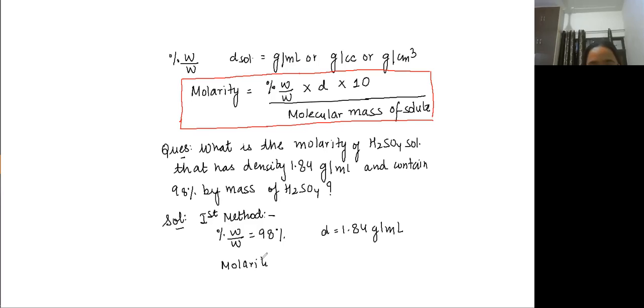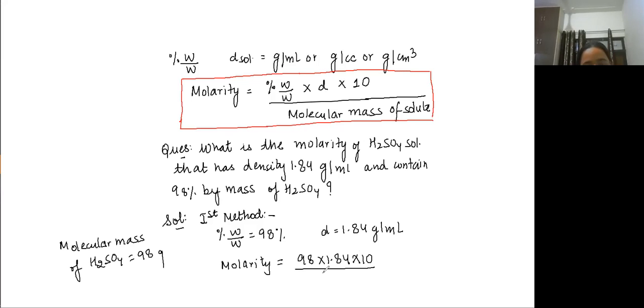So molarity is 98 into 1.84, weight by weight is 98, density is 1.84, into 10, divided by molar mass of H2SO4. Solute in this case is H2SO4. What is the molecular mass of H2SO4? That is equal to 98 grams. So put 98, and this and this will cancel. It will be 18.4 molar. So this is the first method: directly just apply the formula.